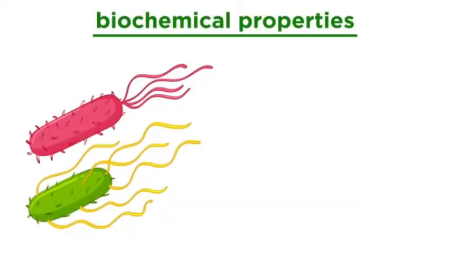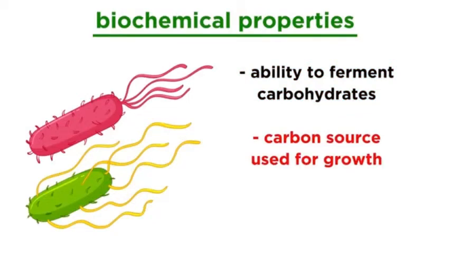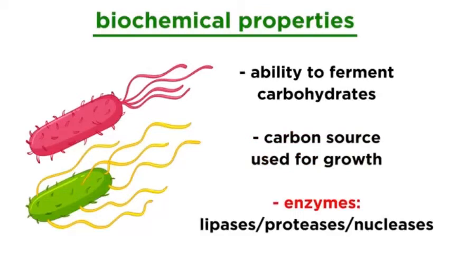Next, there are tests to determine what biochemical properties the bacteria have, like the ability to ferment specific carbohydrates, what carbon sources they can use for growth, and the presence or absence of different enzymes like lipases, proteases, or nucleases. All of these observations combined can identify with reasonable precision a species of bacteria.